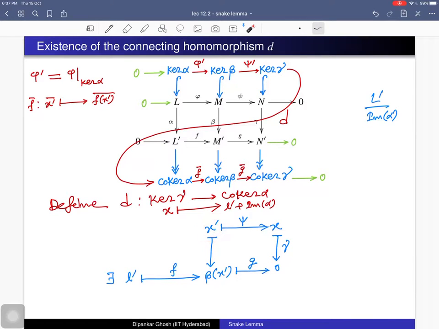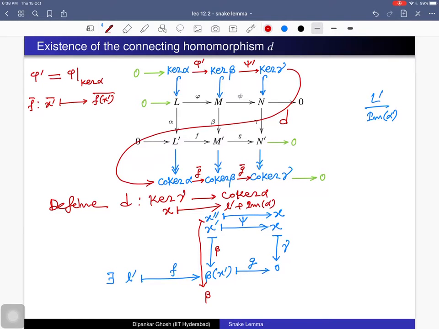So we should prove that this assignment of x to this element is independent of the choices of these pre-images. We should verify that, and then only is this map well defined. So suppose we have another element, let us say x double prime, whose image is also x under this map psi.